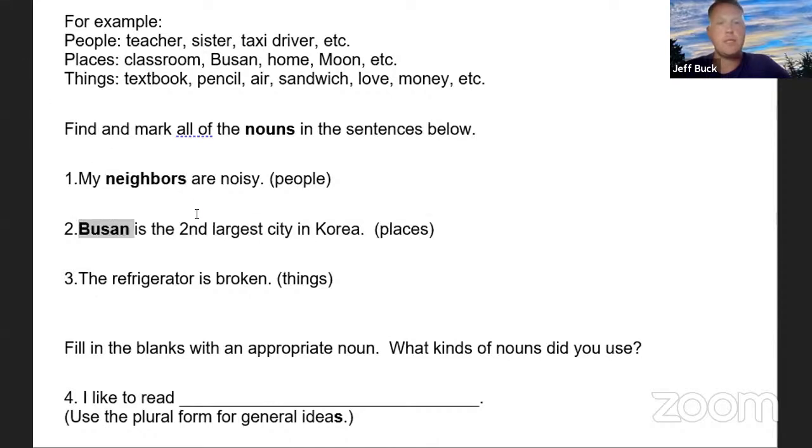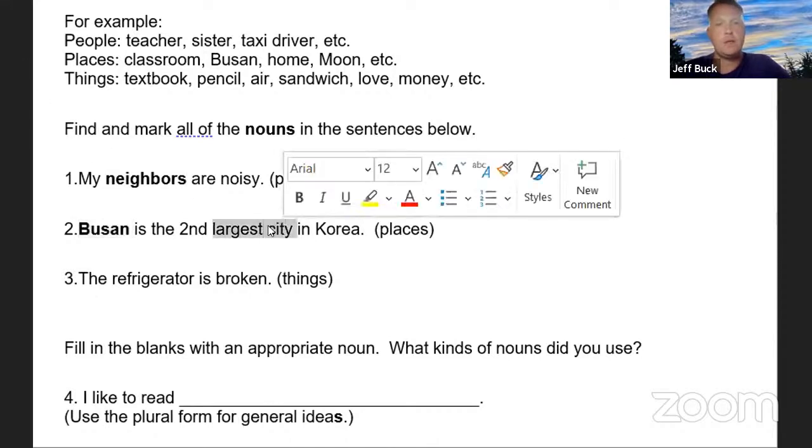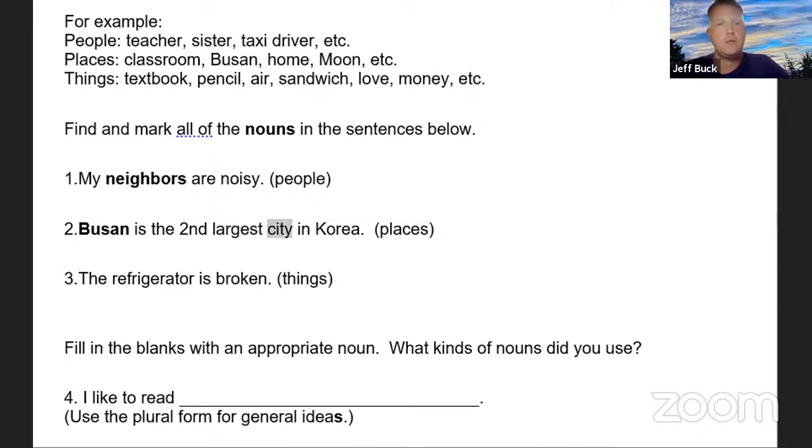They're all places: Busan and city and Korea. My neighbors are noisy. Busan is the 2nd largest city in Korea. And number 3, the refrigerator is broken. Refrigerator, that's a thing. Okay, good.